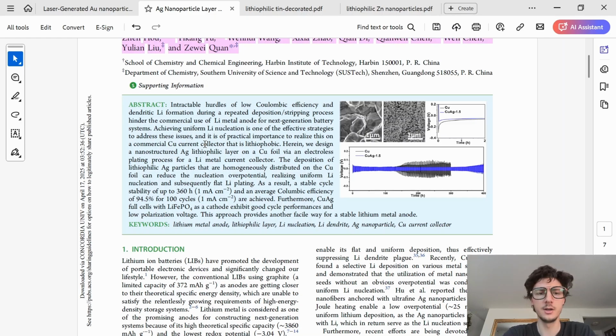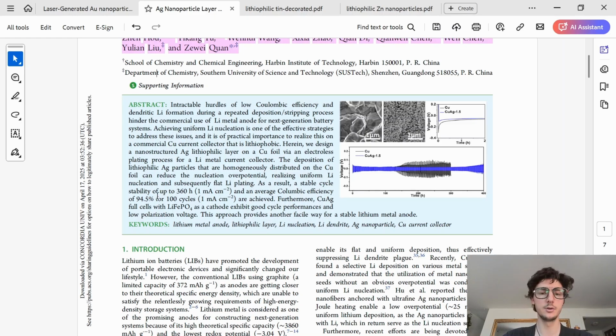Cool. Herein, we design a nanostructured silver lithophilic layer on a copper foil via an electroless plating process for a lithium metal current collector. The deposition of the lithophilic silver nanoparticles that are homogeneously distributed on the copper foil can reduce the nucleation overpotential, realizing uniform lithium nucleation and subsequently flat lithium plating.